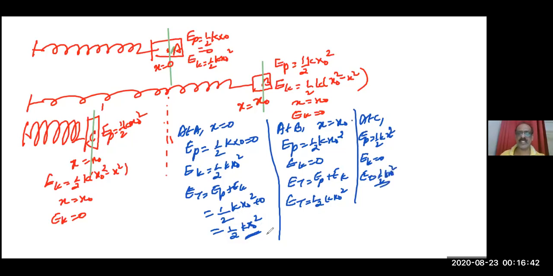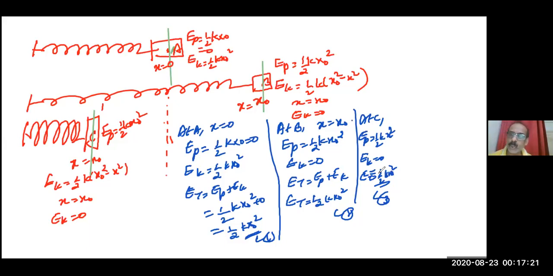The expressions 1, 2, and 3 show that at A, B, and C, during its oscillation, the total energy remains constant. So what was the last sentence, sir?